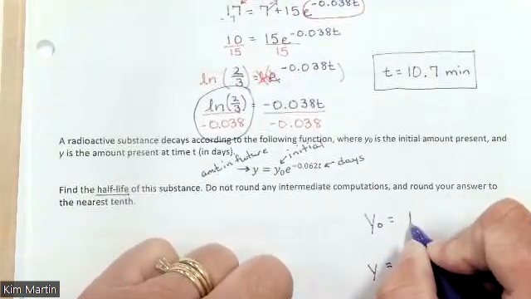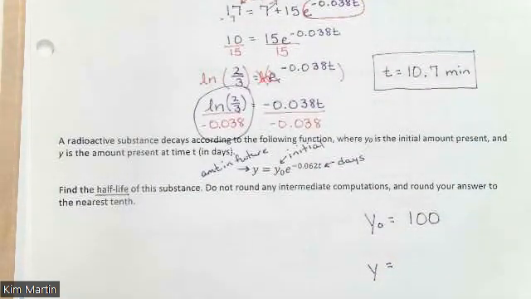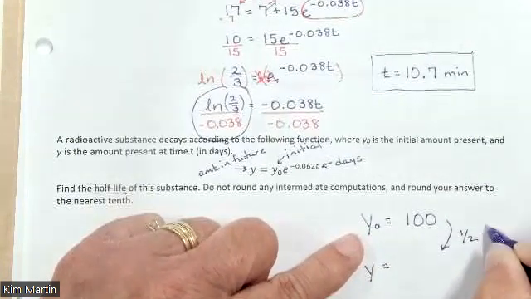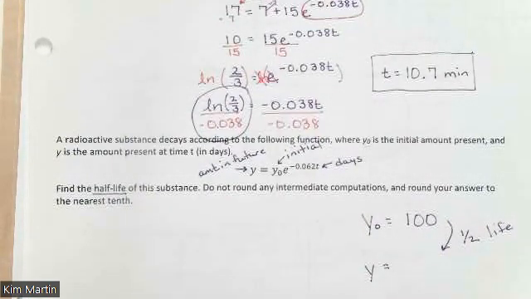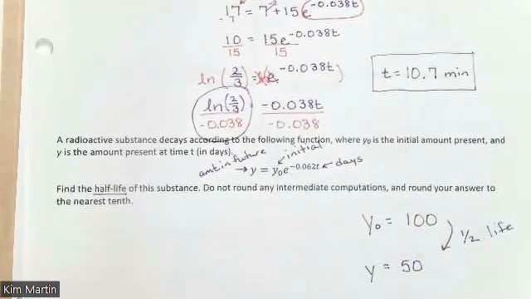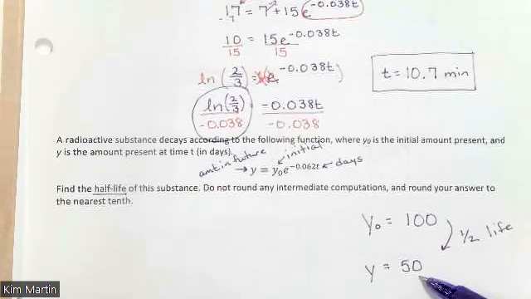I'm going to pick 100. Yours is probably different. That's perfectly fine. Okay? Half of 100. You're going to pick half of your number and put it here. So yours will be, somebody give me their number. 10, so yours is gonna be 5, right?